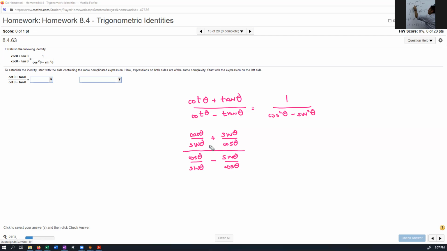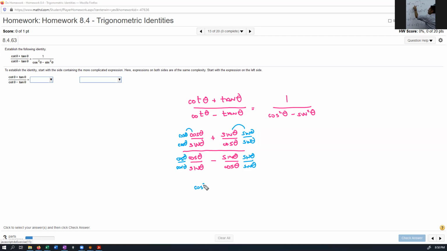All right, let's put the numerator together. So that means we'll have to multiply cosine theta here, cosine theta here. We'll have to do sine theta here, sine theta here. Let's do the same thing on the bottom. Cosine theta here, cosine theta here, sine theta here, sine theta here. And let's put it together. So when I put those together, I get cosine squared, and then the plus, and then the sine squared.